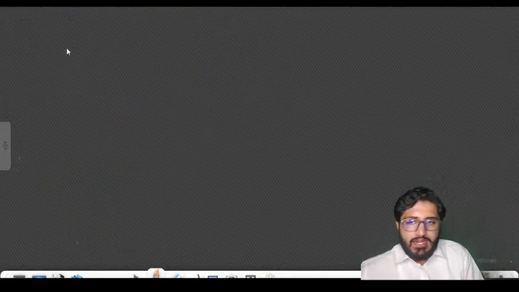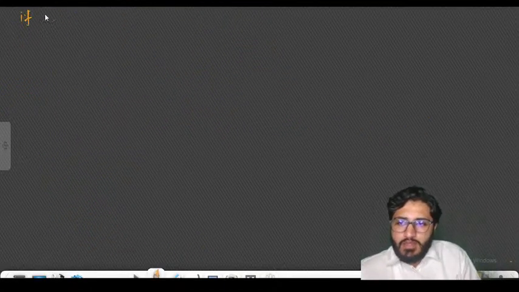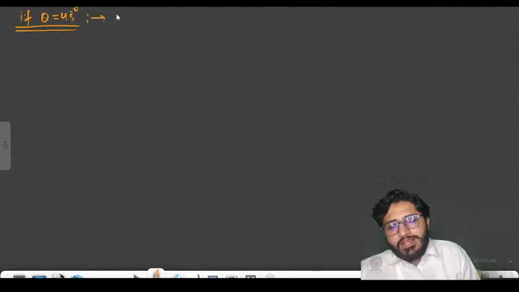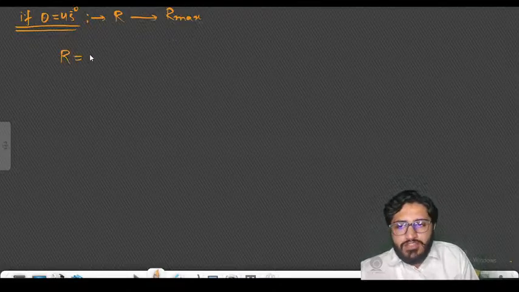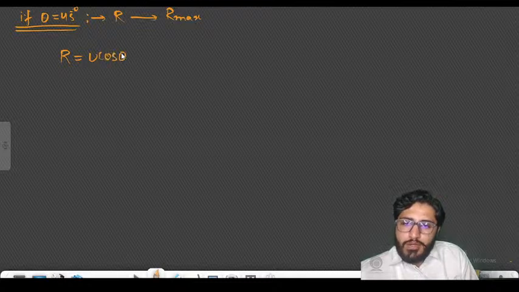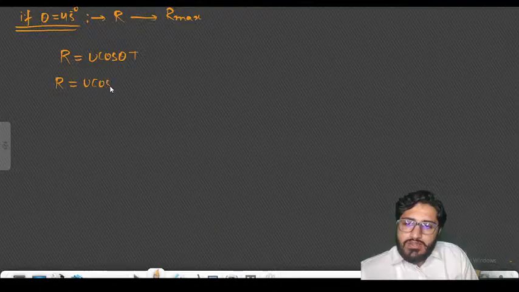One amazing point. Let us suppose theta is 45 degrees. If theta is 45 degrees, my range comes out to be the maximum range, R max. What is the range formula? Is it u cos theta into t, that is u cos theta into 2u sin theta by g?